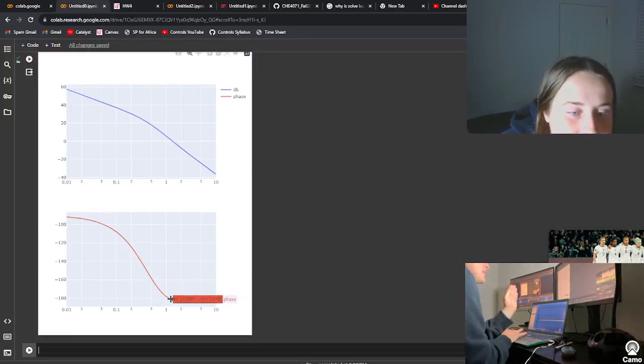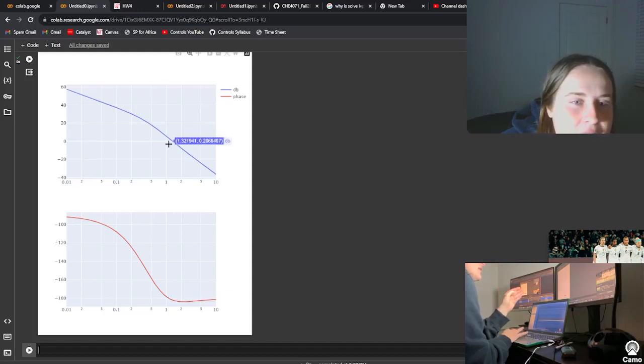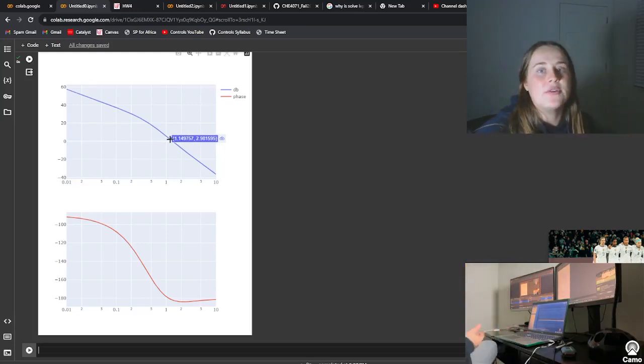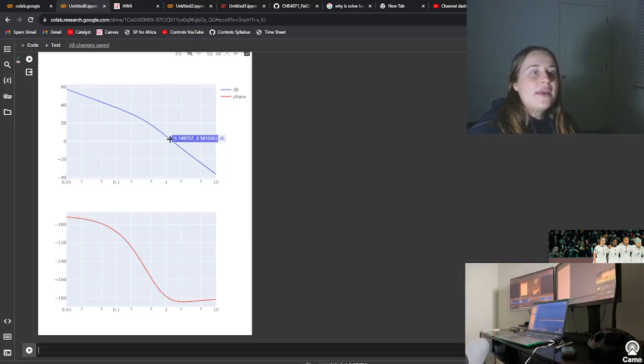It looks to be about 1.149. So we'll go up here to 1.149, and you can already tell that it is above 0. So it being above 0, it has no phase margin, and it is unstable. It will have a lot of difficulties, and it just cannot be done.